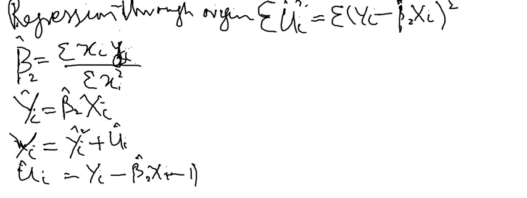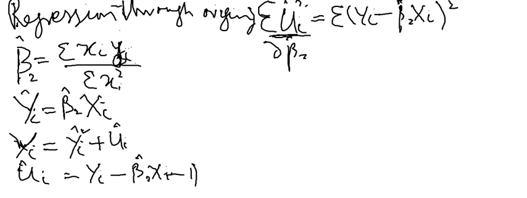So we are concerned with the value of the multiplier beta 2 hat. So we just take the partial derivative of this function by beta 2 hat.